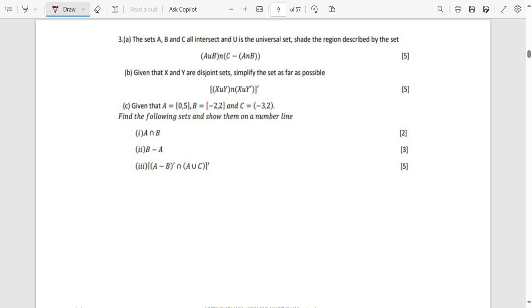Let's look at this. The sets A, B, and C all intersect, and U is a universal set. Shade the region described by the set. It was a nice question.